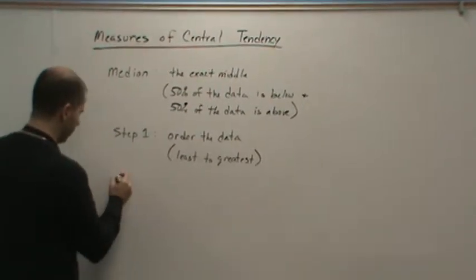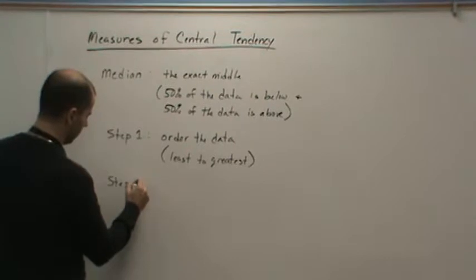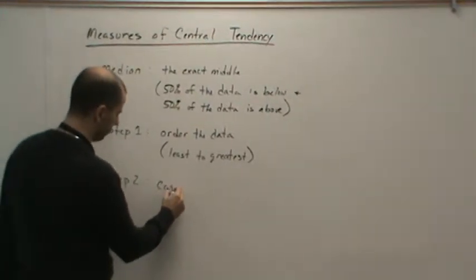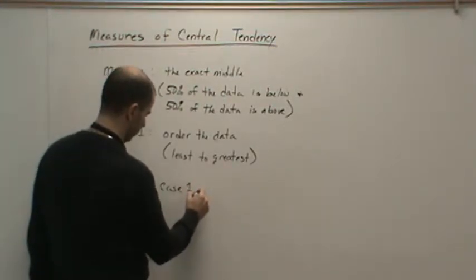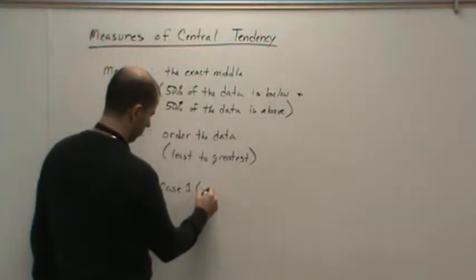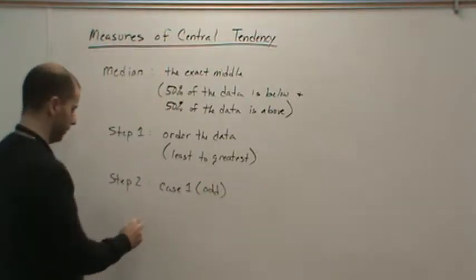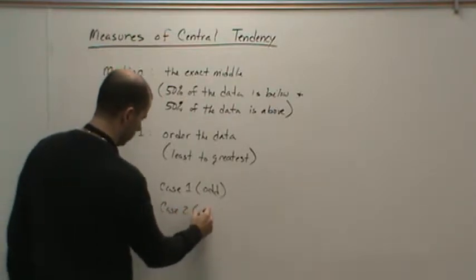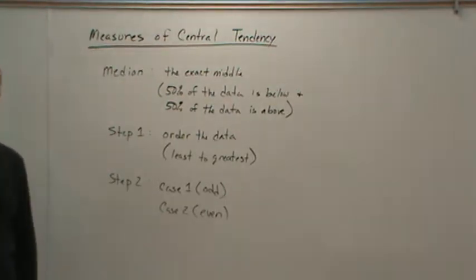So step two involves either case one, your data set is odd. In case two, your data set is even.